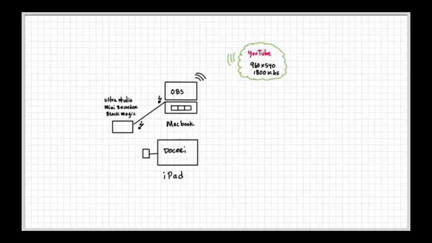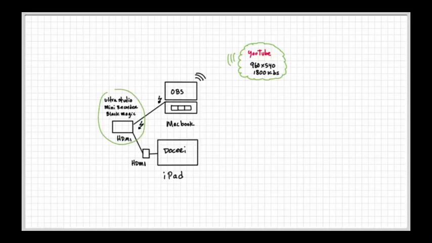And so I have an iPad that's running Doceri right now. As you can see, this thing that you see on the screen is Doceri, and it has a dongle. The dongle is a Lightning to HDMI, because I connect the HDMI from the dongle on the iPad to the mini recorder.